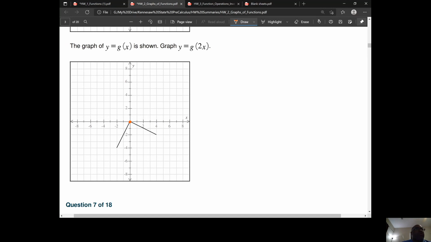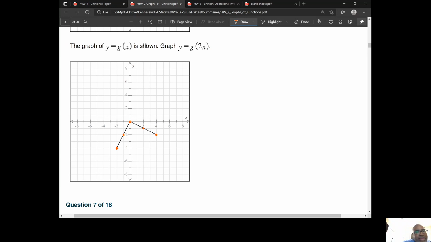The points we have are 2, -1; 4, -2; 1, -1; -2, and -2, -4. So to graph this, we get here.